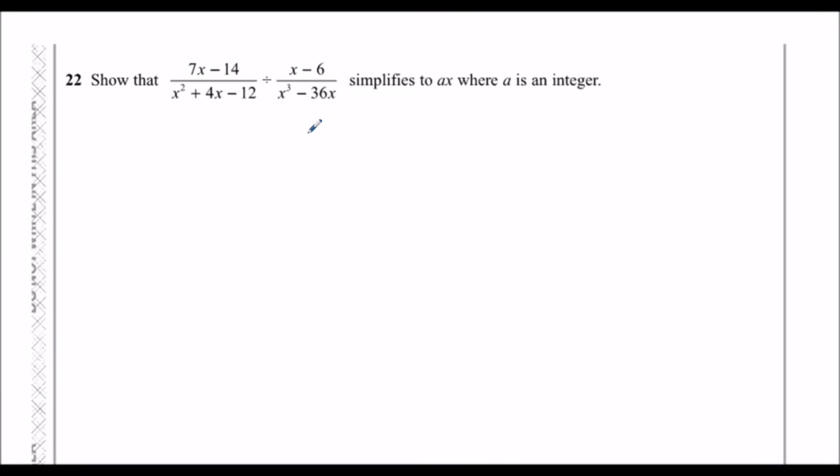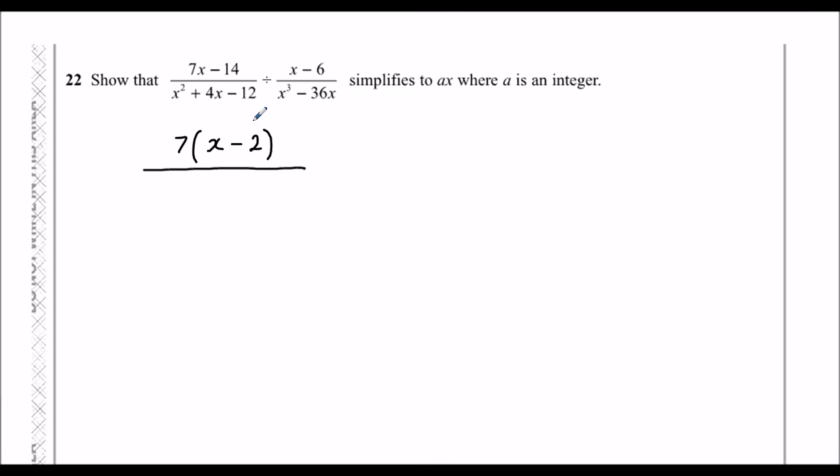So we'll do that. We may as well start factorizing as well. For each of these that we can, we'll factorize. For this 7x minus 14, we'll take 7 outside the bracket. 7 times x makes 7x, 7 times -2 is -14.